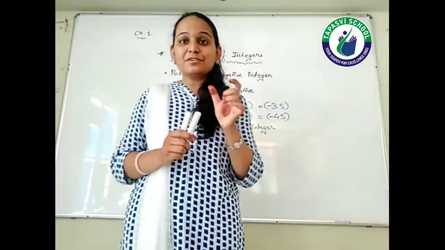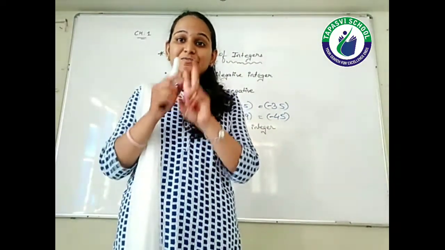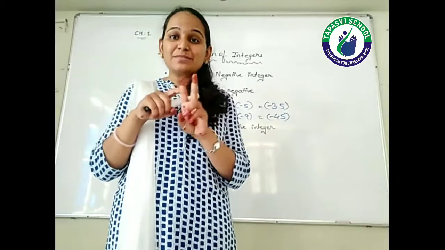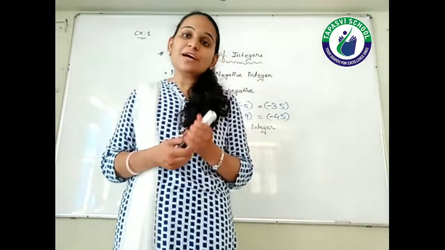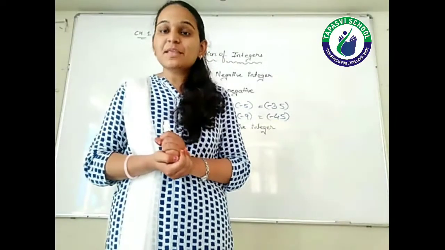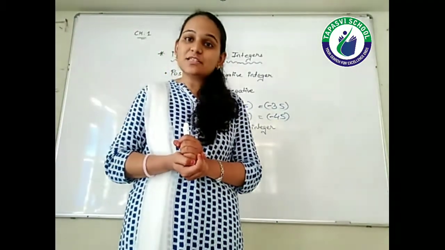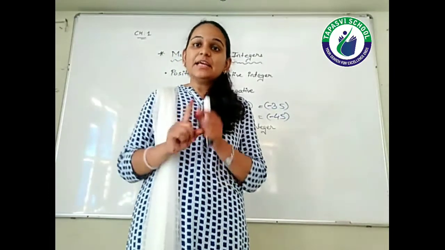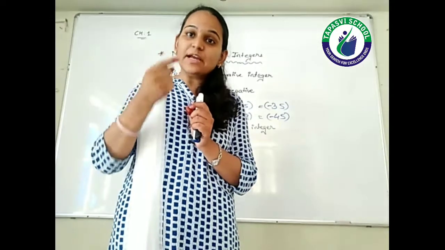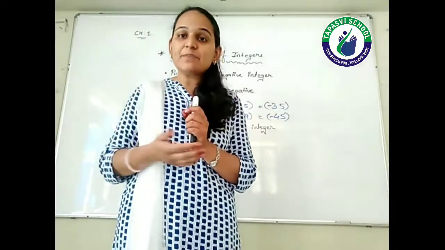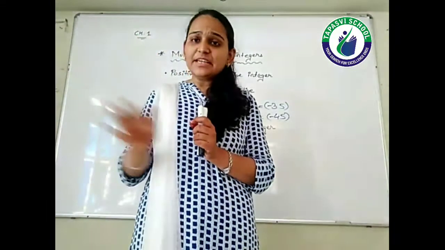I left one statement a few minutes back. That is, if the negative sign is coming 2 times, that means an even number of times, your answer will always be positive. And if the negative sign is coming an odd number of times, that means 1 time, 3 times, 5 times, 7 times in your question, then the answer will always be negative.